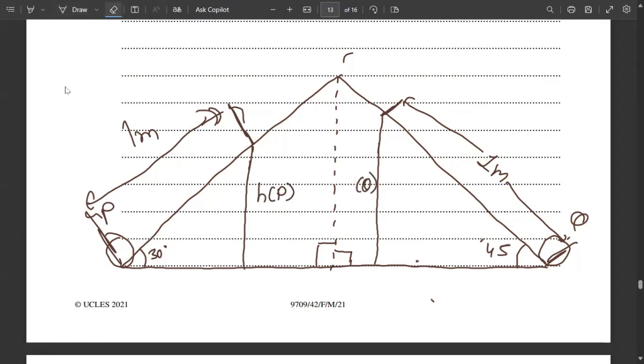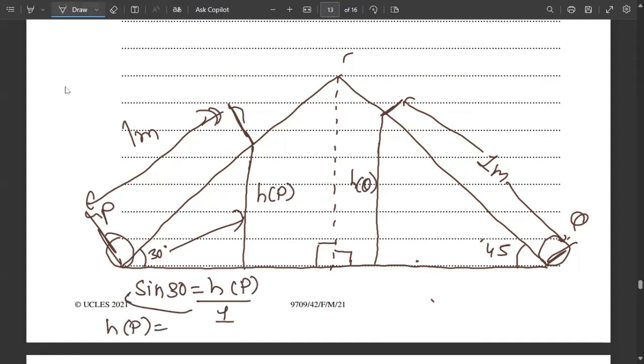How will I do it? Very easy, I'll use basic trigonometry. This is the opposite side, so sine 30 is equal to the height for P upon 1. So the height for P is simply sine 30, which is 0.5 meter. This is for Q. If we use this triangle, this is the opposite side.